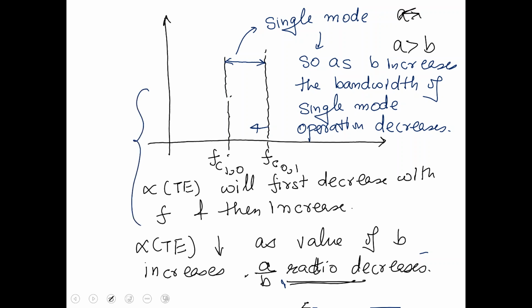A typical practical solution is that the compromise which is made is that B is approximately half of A, which is a compromise with respect to how much bandwidth I get versus how much loss I get within the waveguide. So I'm going to plot this now.